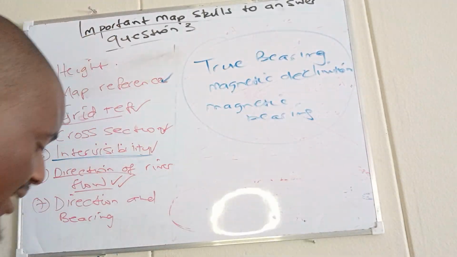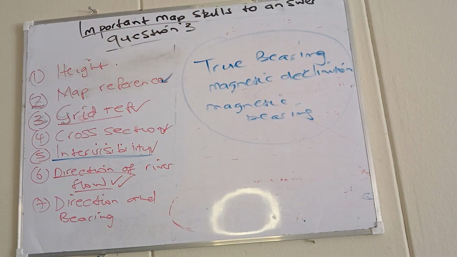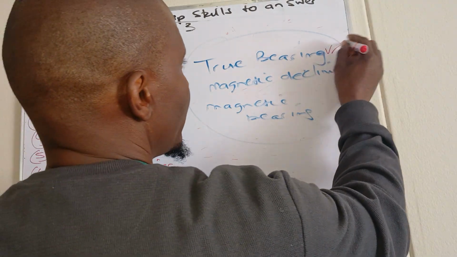So these are the 3 calculations that you will do. That is, you will do your true bearing.